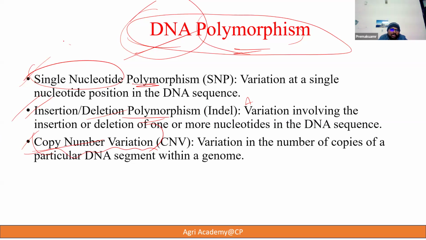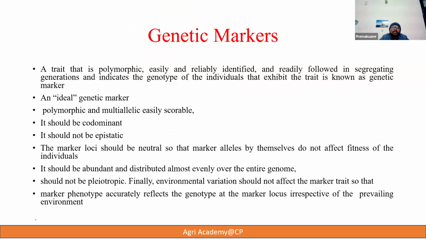Just remember that at the DNA level, polymorphism exists at the single nucleotide level, because of insertion or deletion of some base pairs or sequences, or because of a variation in the copy number of particular DNA segments, called repetitive DNA. Mainly this copy number variation is observed where the DNA is repeated many times. There are microsatellites, and many satellites we will discuss.